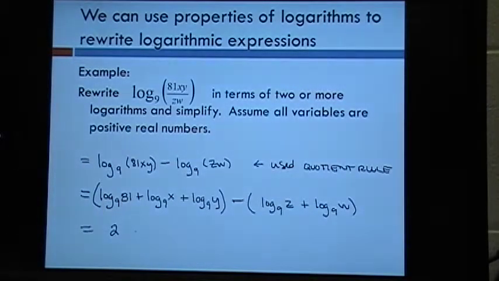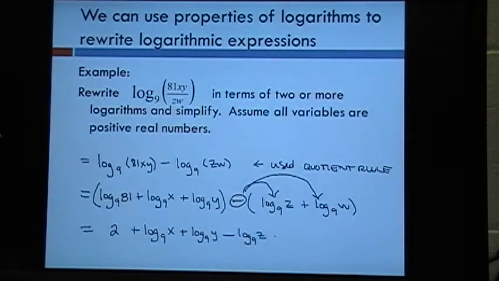So this is 2 plus log base 9 of x plus log base 9 of y. Again, we need to make sure that we subtract each term. So that would be minus log base 9 of z minus log base 9 of w.